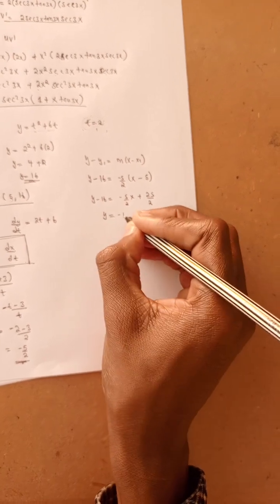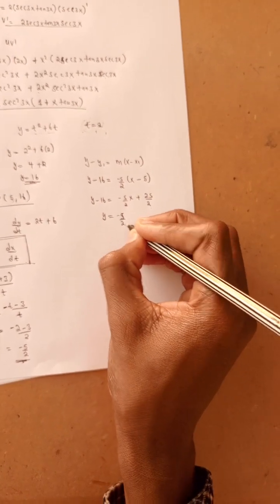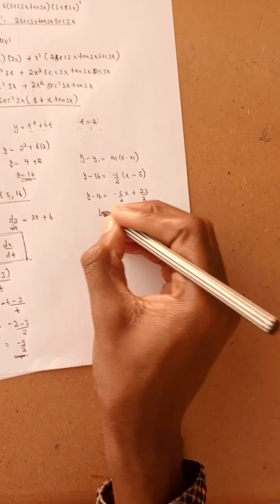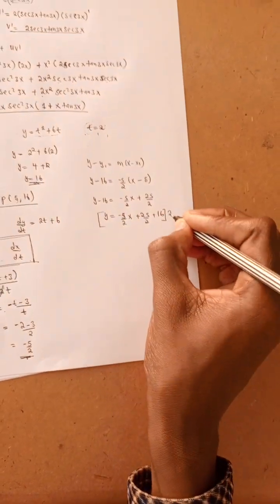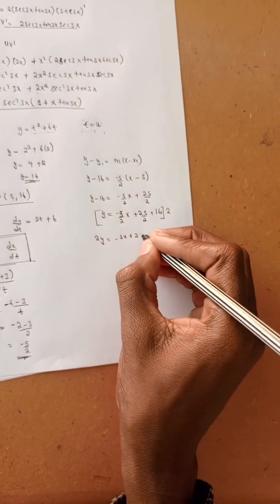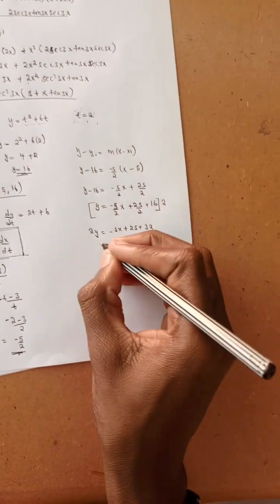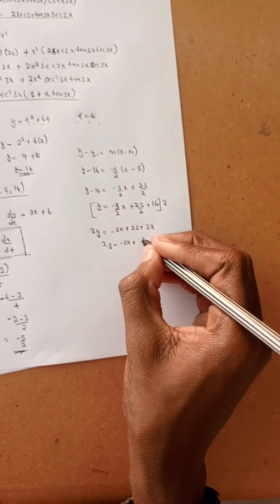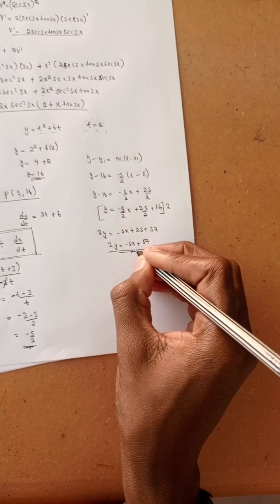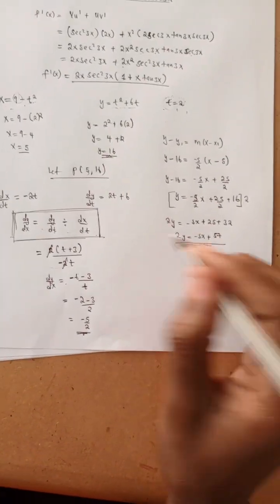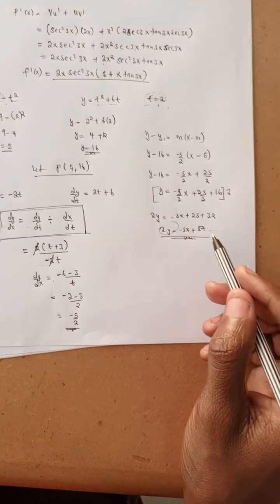So y equals negative 5 over 2 x plus 25 over 2 plus 16, multiply everything by 2. So this is simply the equation of the tangent. You can leave it in that form, or you can make y the subject.